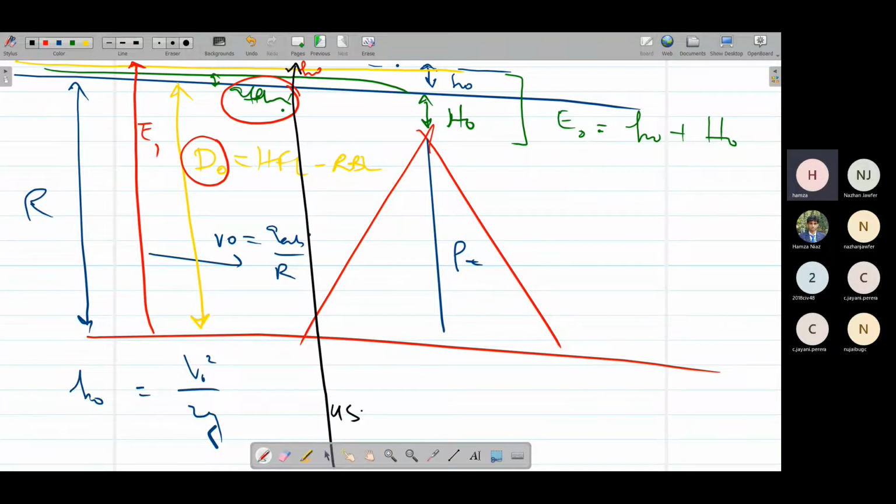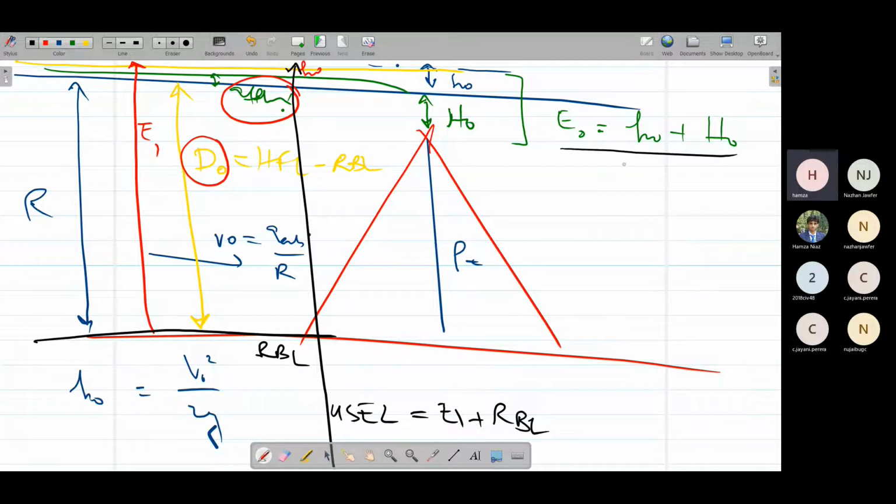That would be the upstream energy level, simply E1 plus river bed level. Now, if we subtract this E naught from this total energy upstream, we'll get the crest level. That would be upstream energy level minus E naught. So any issue in this, how we have to calculate this crest level?